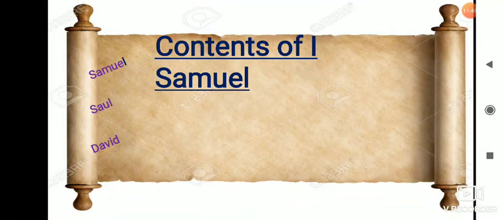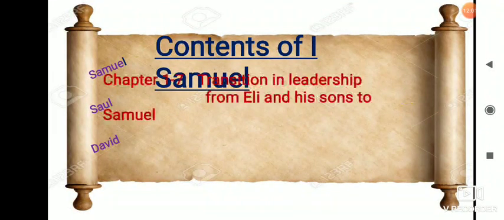Contents of 1 Samuel. The contents of the book of 1 Samuel are centered around 3 prominent Israelite leaders: Samuel, Saul, and David. Chapters 1 to 7 recount the actions of Samuel, the righteous priest, prophet, and judge.